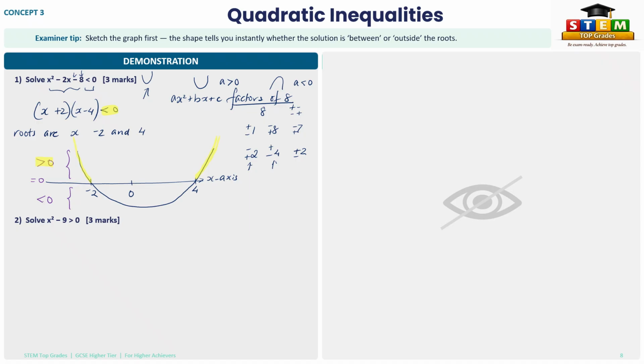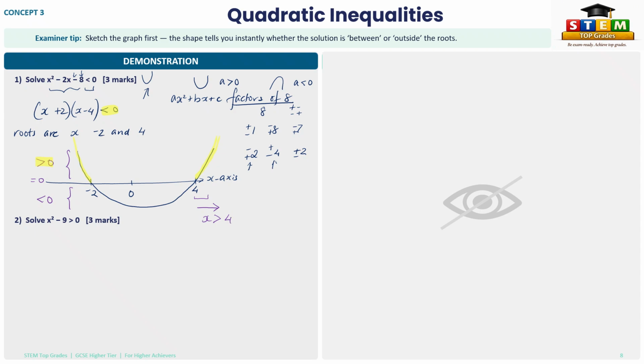Now, in order to access the top part of that curve, we should be looking on the right-hand side of 4. That means taking the values of x on the right-hand side of 4, which is x is greater than 4.